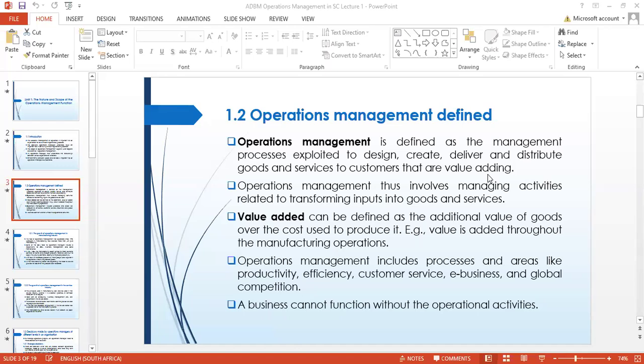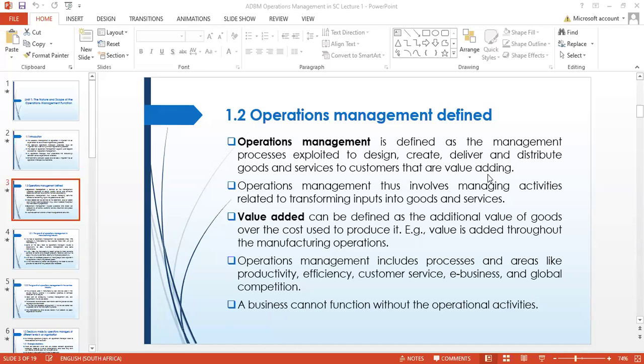So we are saying the operations management function manages those activities that are used to transform the inputs into goods or services. When goods are manufactured, when services are being provided, there are inputs that are needed. We'll look at the inputs and outputs in the transformation process later on.